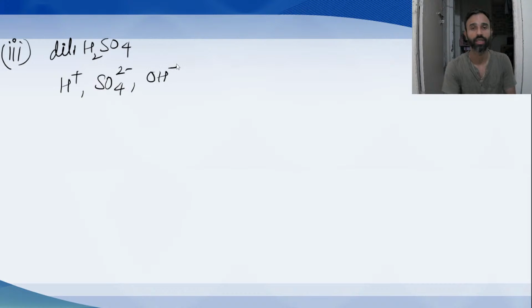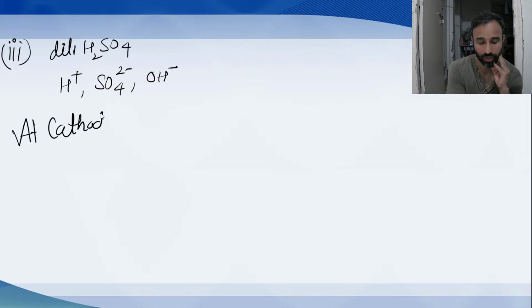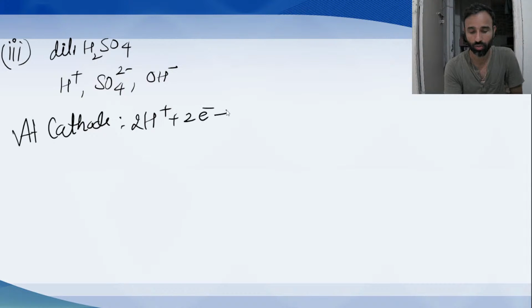So in dilute H2SO4, we have H+ ion, SO4 2 negative ion, and OH negative ions. These are the ions. So obviously at cathode there is no competition. We have only H+ ions. So that will gain electron and we get H2 gas.